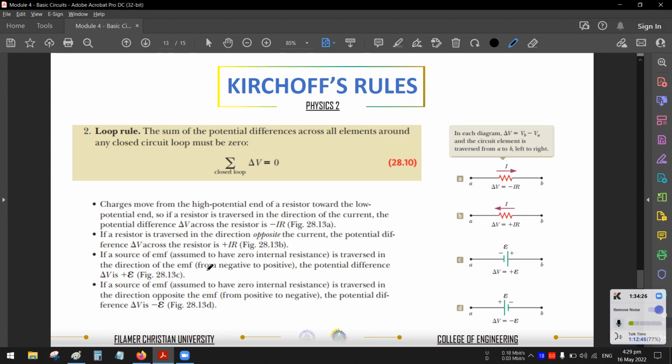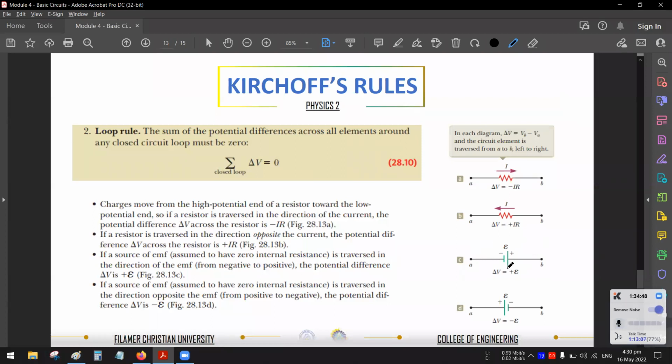If a source of EMF, assumed to have zero internal resistance, so ideally, is traversed in the direction of the EMF from negative to positive, ito naman talaga yung direction natin for the EMF, from negative to positive, then the potential difference is positive.